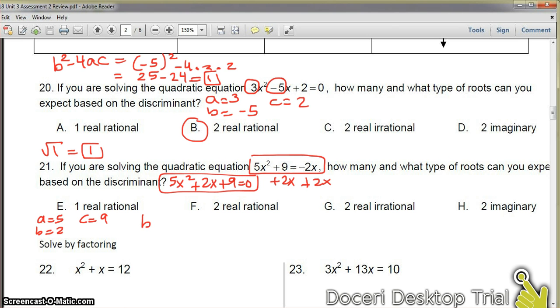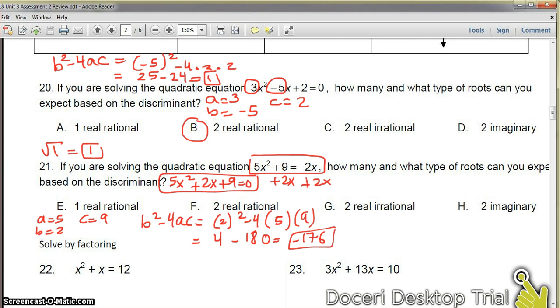The discriminant is b squared minus 4ac, so 2 squared minus 4 times 5 times 9. b squared is 4 minus 4 times 5 times 9, which is 180. So 4 minus 180 is negative 176. Your discriminant is a negative number, so you have two imaginary roots.